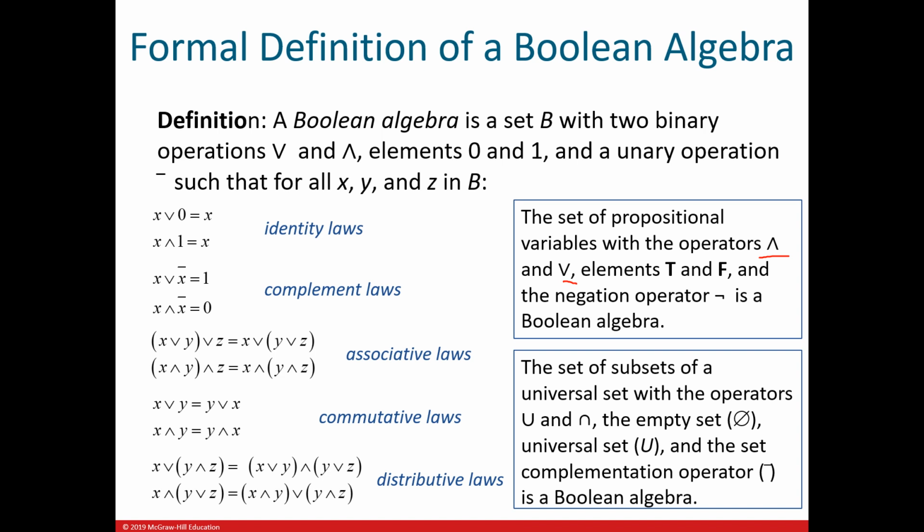So sometimes we can interchangeably use these two binary operations on the elements 0 and 1 as well. If we say x or 0, we get x. If we say x and 1, we get x. If we say x or x complement, we get 1, x and x complement gives 0, and then some similar laws.